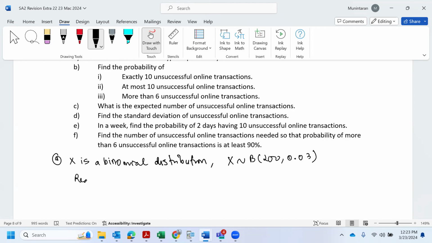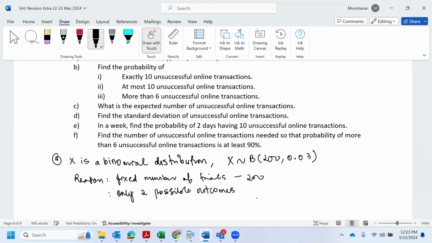Reasons, right? First, you have a fixed number of trials, that is actually 200 in this case. Next, there are only two possible outcomes: success, unsuccessful, a success or failure.